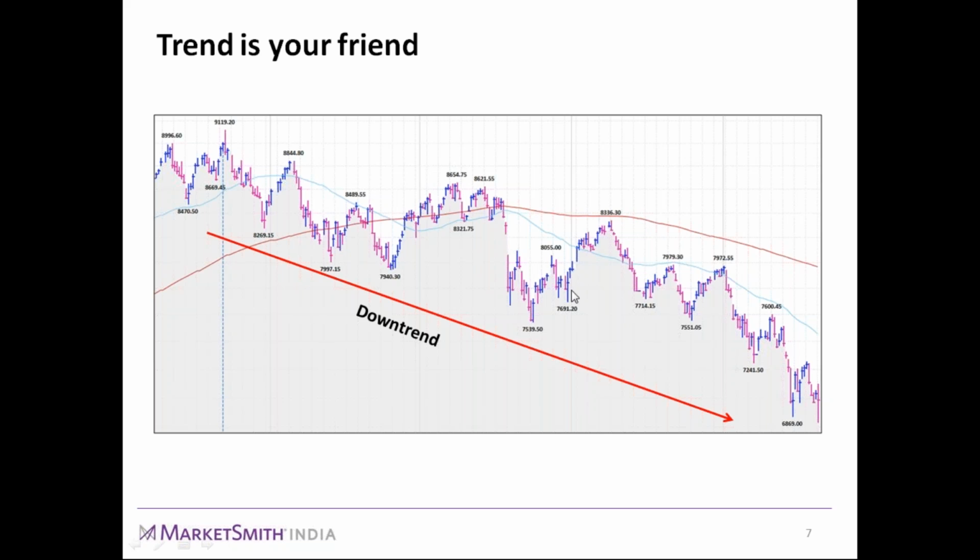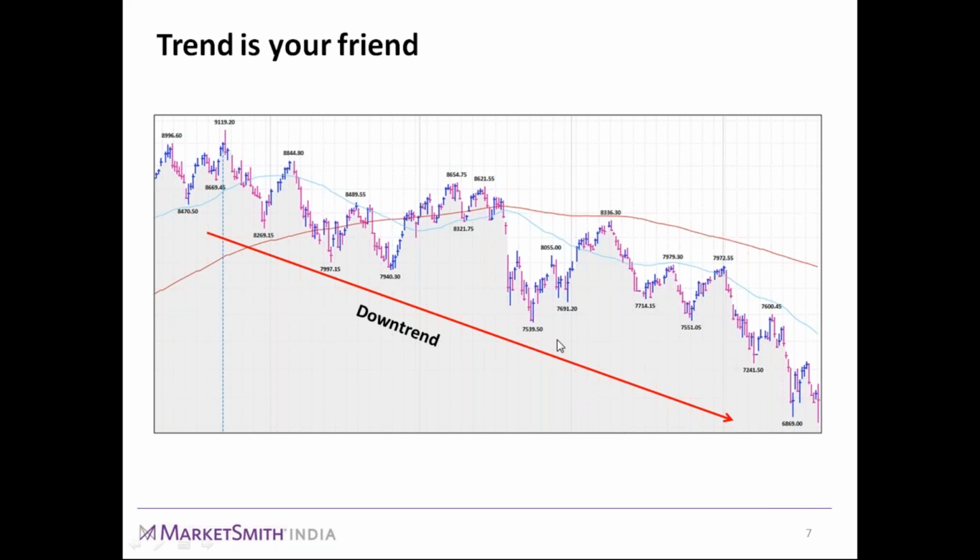Here, we can see that as the stock kept on falling from here on, it went on to make new lows. So this is a clear downtrend. Back to back, it started to make new lows. Here, it never found support. If we draw a line here, we can see that the stock was not able to rise higher and fell continuously.